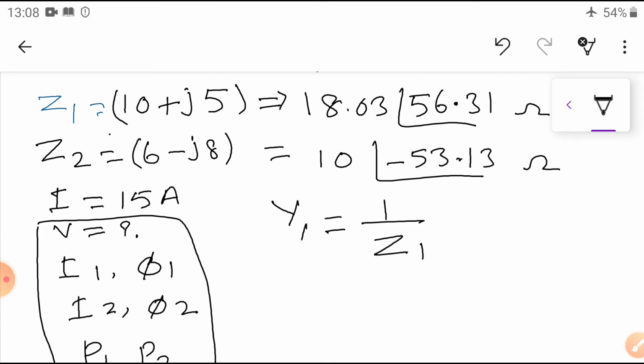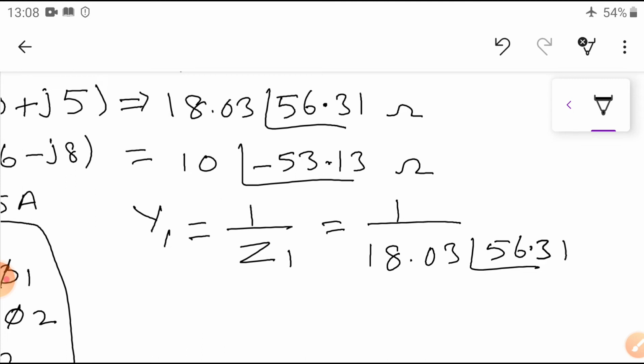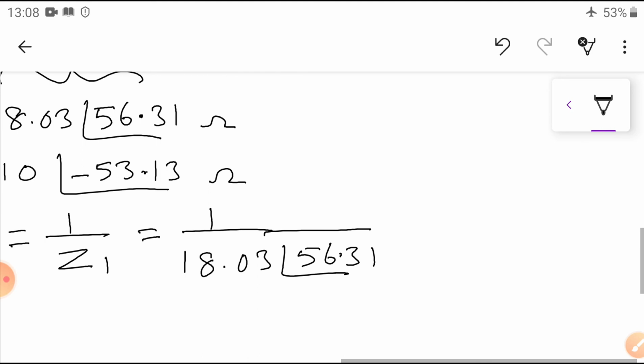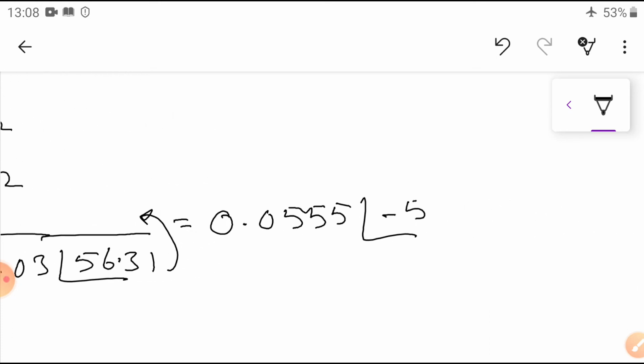Z1 is 11.18 at an angle of 56.31, so 1 by 11.18 gives 0.0894, and the angle becomes minus 56.31.